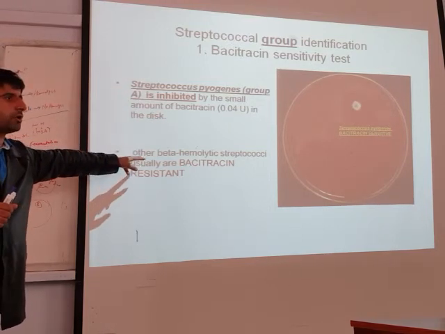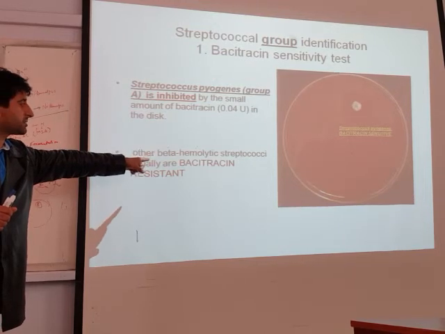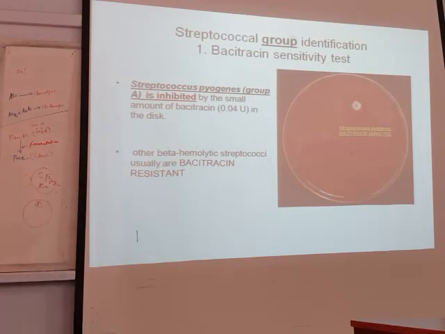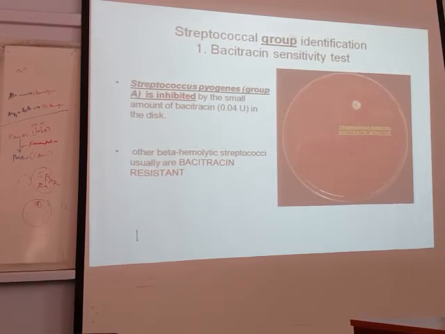But the other microorganisms that cause hemolysis are usually resistant to bacitracin. So this antibiotic sensitivity test is important in the differentiation of beta hemolytic streptococci. Those streptococci that cause beta hemolysis: pyogenes is bacitracin sensitive, others are resistant.